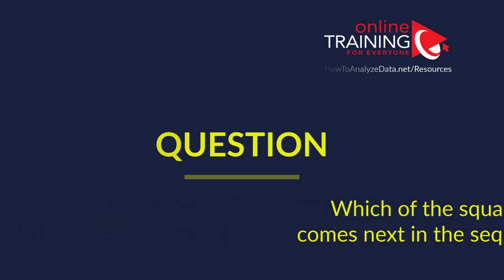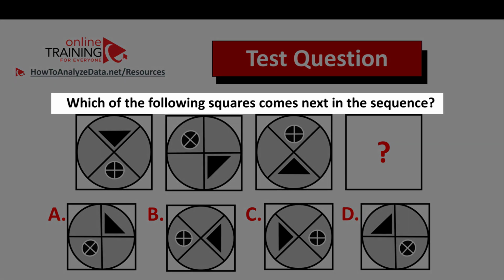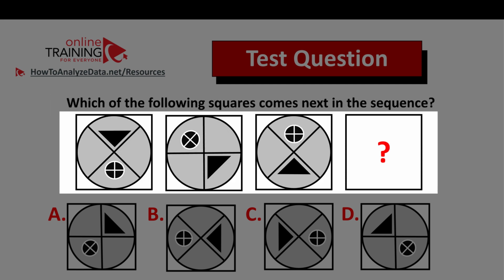Let's look at a very interesting question you might frequently see on the test. Which of the following squares comes next in the sequence? You're presented with 4 squares. Each square contains a circle inside, and the circle has 4 quarters. In 2 of the quarters are different objects. You see a triangle and you see another, much smaller circle.